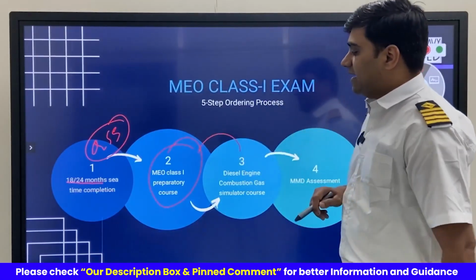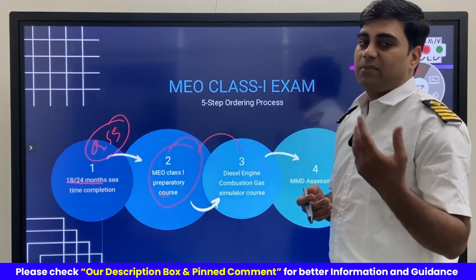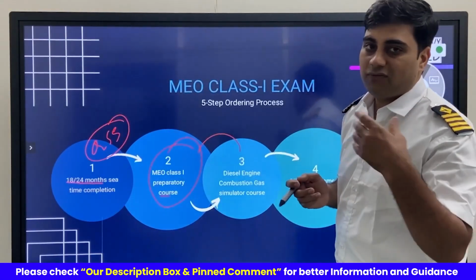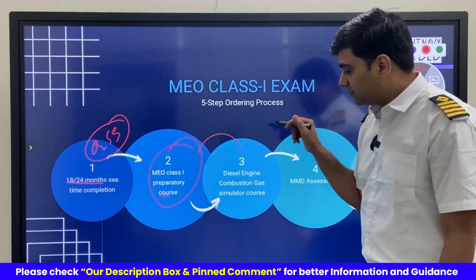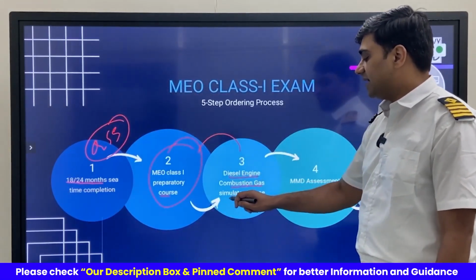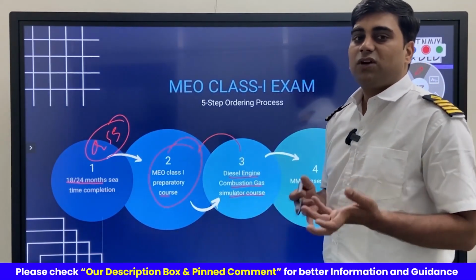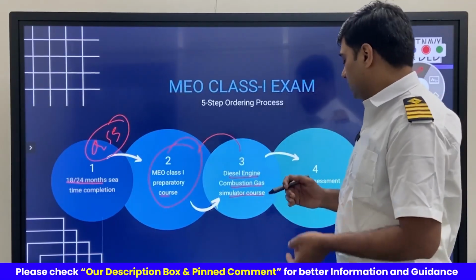After that, once we have done the MEO Class 1 preparatory course, there is a simulator course, same as we have for MEO Class 2 and MEO Class 4 also. This simulator course here is called the Diesel Engine Combustion Gas Simulator course. It is nothing but an advanced version of what we have already done during Class 2. Right?